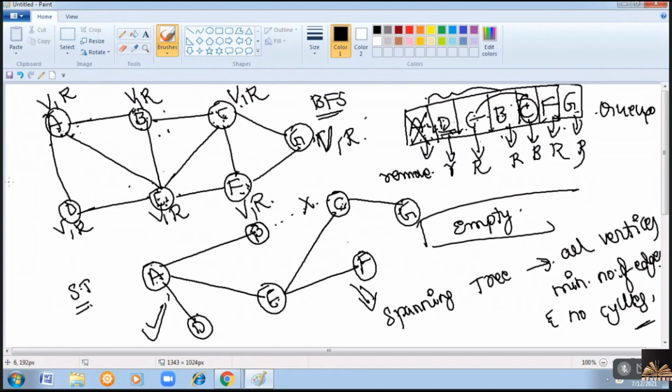Yes ma, you just take this graph and take the spanning tree.